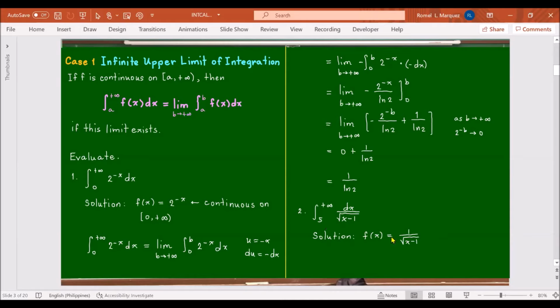Now, we want to determine if this is continuous from 5 to positive infinity. Checking this function, when x is 5, we have 5 minus 1. The square root of this is 2. And if x is greater than 5, this radical is always defined. So therefore, this is continuous on 5 to positive infinity. Okay?